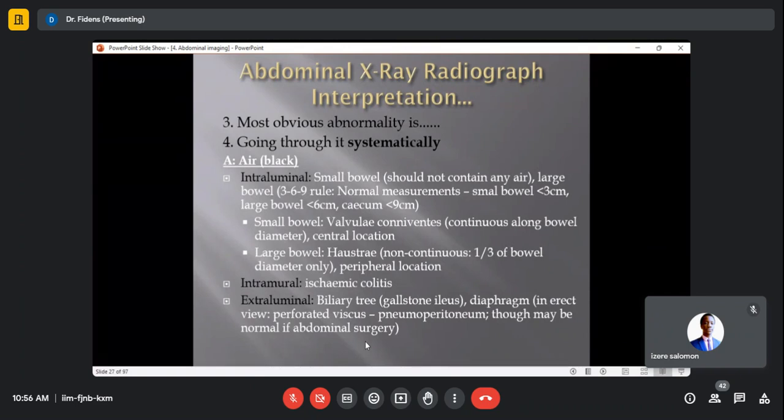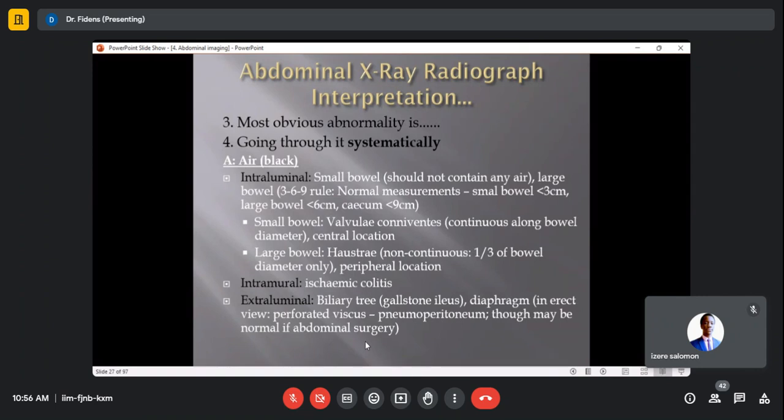But for the same folds in the large bowel, they are called haustrations or haustra, the way you want. Call it Latin. Those ones now don't cross the whole diameter. They just involve 1/3 of the diameter of the large bowel.